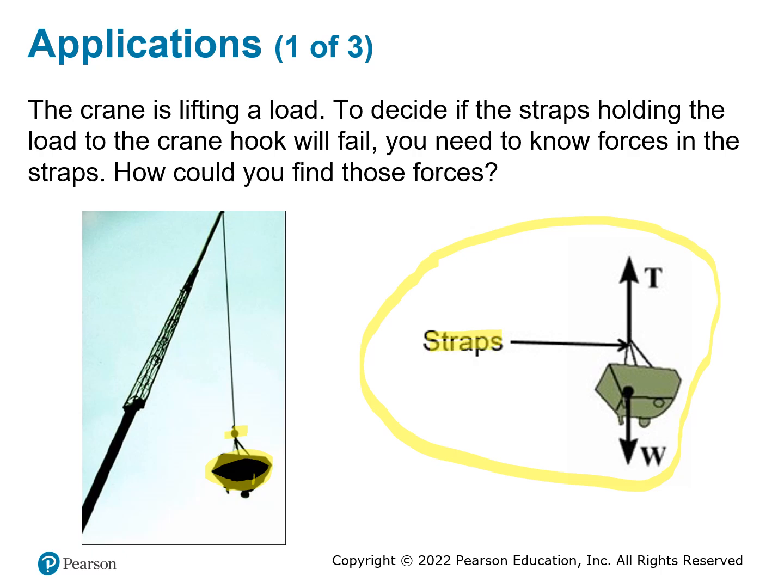Underneath the straps, you have a load, which is like a cart, possibly with something inside of this cart. Above the strap is a cable that provides a tension force right here. And the cart itself has a weight.